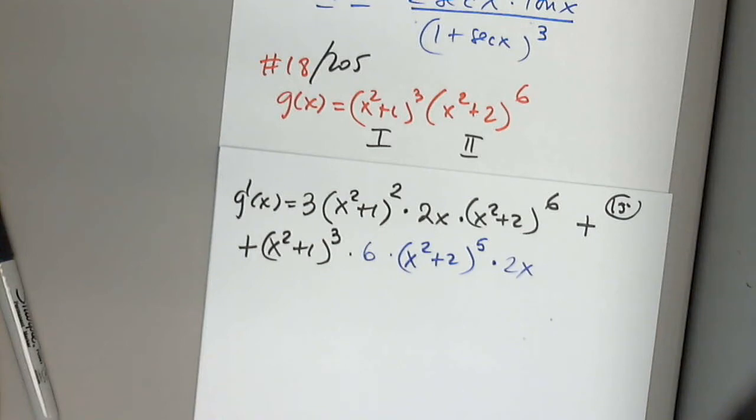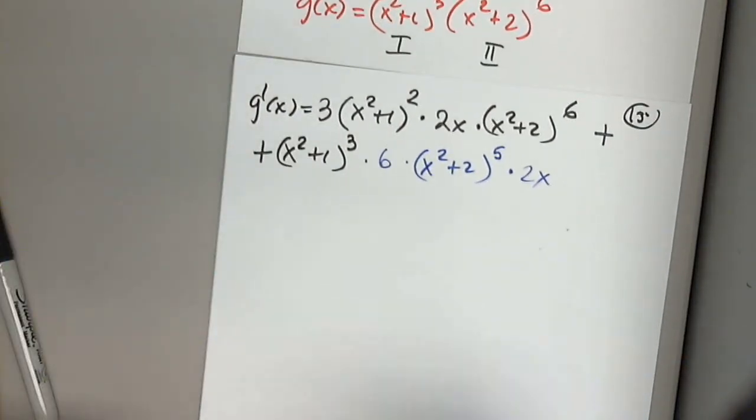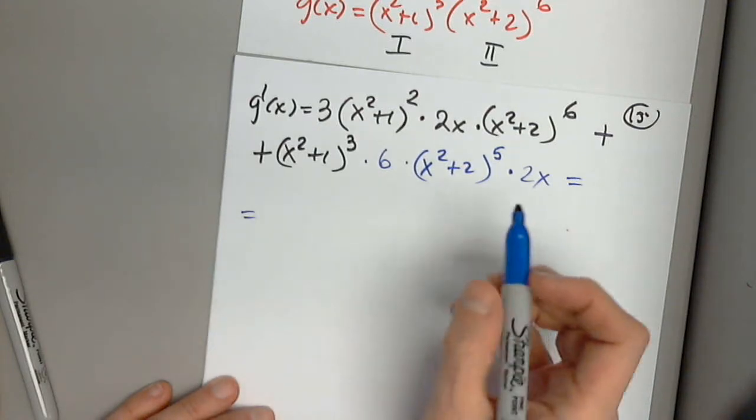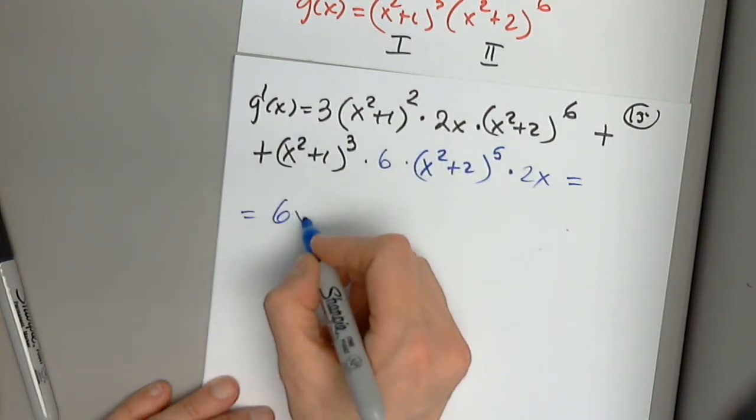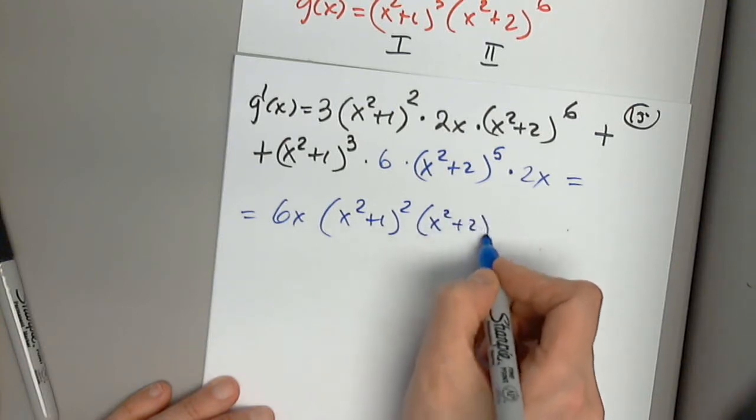And plus, I copy the first function. The power comes in front. I subtract 1 from the power times the inner function prime 2x. Better? Okay, so now I will rearrange these two terms one more time as 6x in front, x squared plus 1 squared, and x squared plus 2 to the sixth.